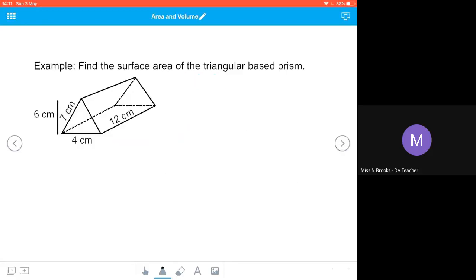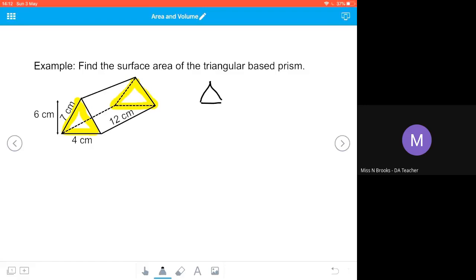Now, what about the area of this triangular based prism? So, what would I end up with if I unraveled the net of this triangular based prism? Well, first of all, I would have 2 triangles that are identical at each end. So I'm going to draw a sketch of that triangle.